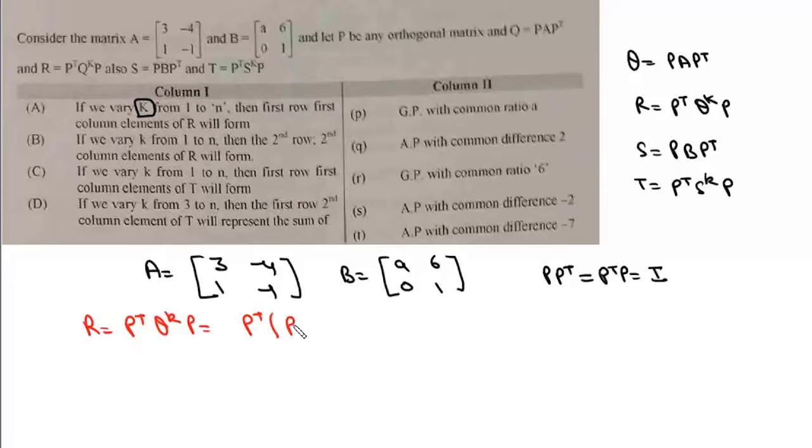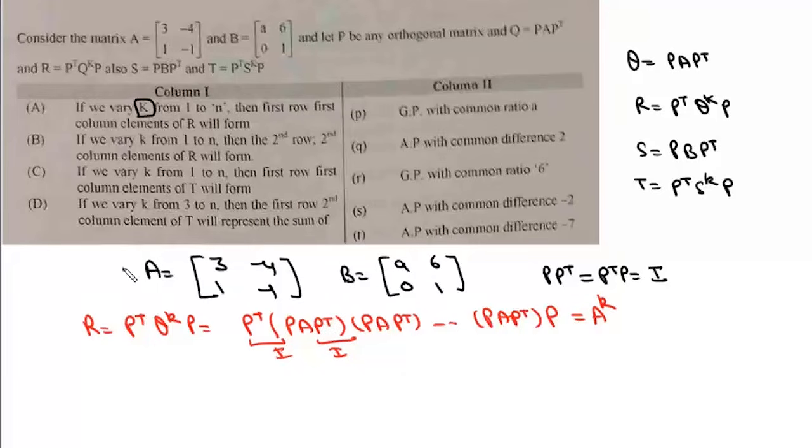Now Q is P A P transpose into P A P transpose, and will continue up to K times. So it will be P A P transpose into P. Now P transpose into P is I. So all these products will be I. So it will be A into A into A, K times. So this R is nothing but the Kth power of A.